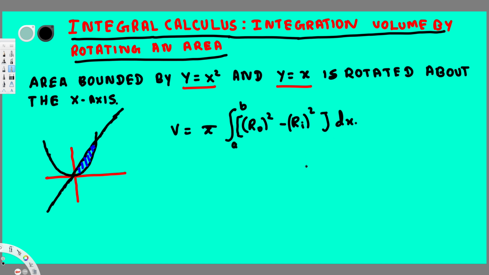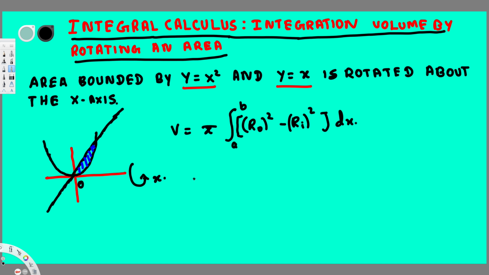dx. Here the only thing is we have to find the limits of integration, and we have to find the inside radius and outside radius. That's the main thing. Now we know that this is passing through the origin, so this is going to be 0, and this is dx because this is rotating around the x-axis.